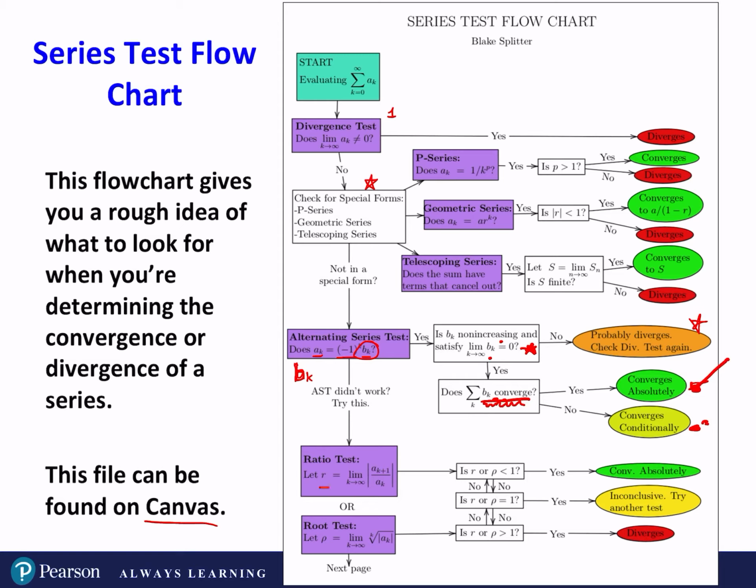And then in the root test, we define rho to be the limit as k approaches infinity of the kth root of the absolute value of a_k. In either of these cases, if rho or R is less than 1, then it converges absolutely. If rho or R is equal to 1, then it is inconclusive. And if rho or R is greater than 1, then it diverges.